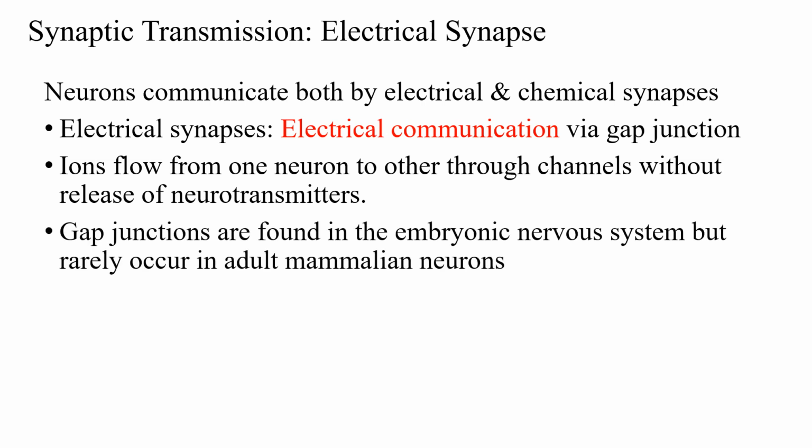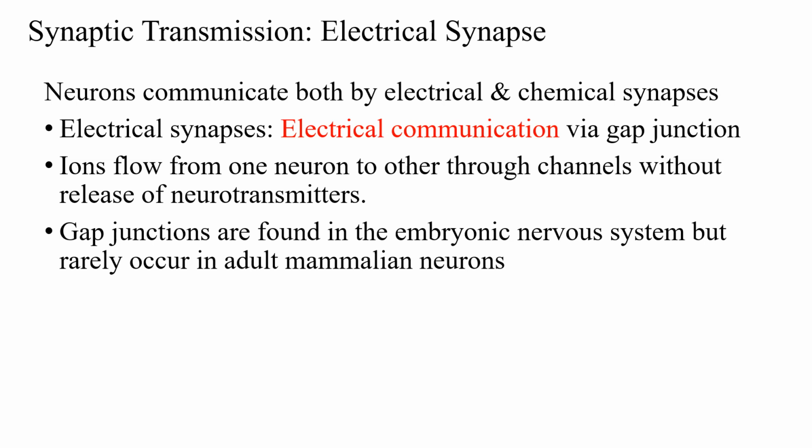Gap junctions are found in the embryonic nervous system, but rarely occur in adult mammalian neurons. This is rare. Where it is common is this type of electrical junction in heart muscles. All the cells in the ventricle act together. That is called single unit muscle. They act like one cell, a single unit.